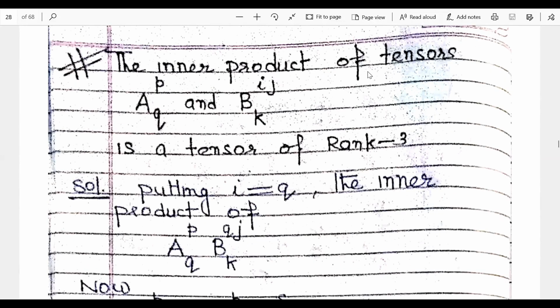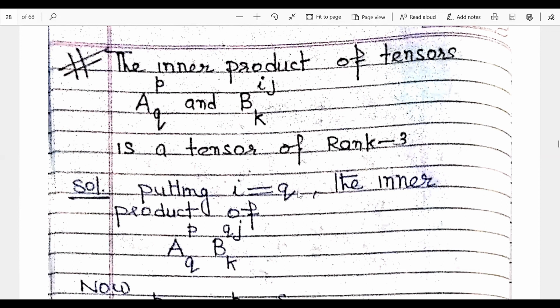How can we find the inner product? One contravariant index and one covariant index should be equal. Now take i equal to q. So i is contravariant and this is covariant.